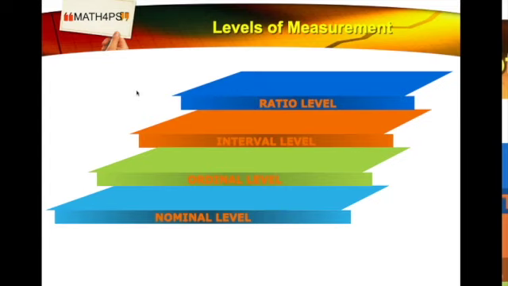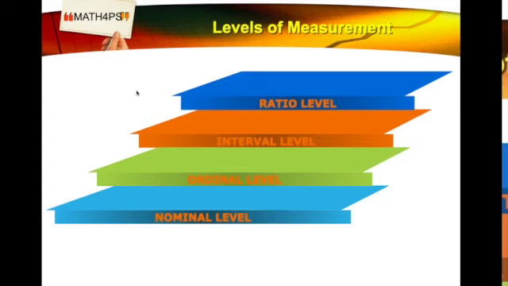When the IQ score is equal to 0, it does not indicate an absence of intelligence. Or when the temperature is equal to 0 degrees Celsius, it does not imply an absence of heat energy in the body.